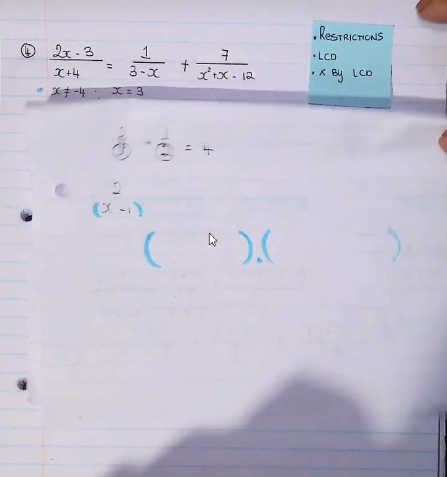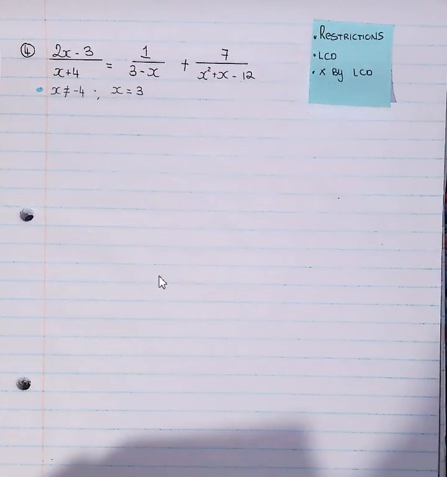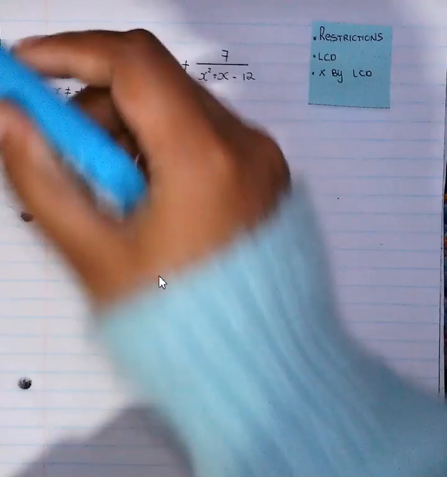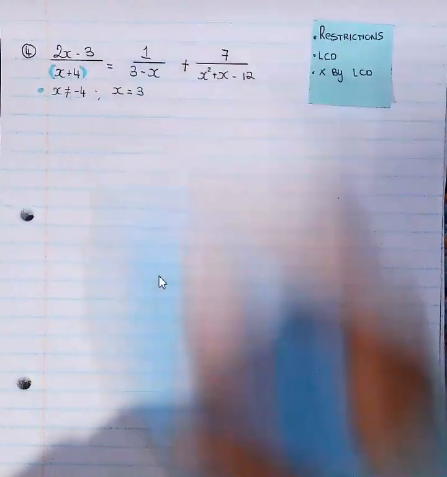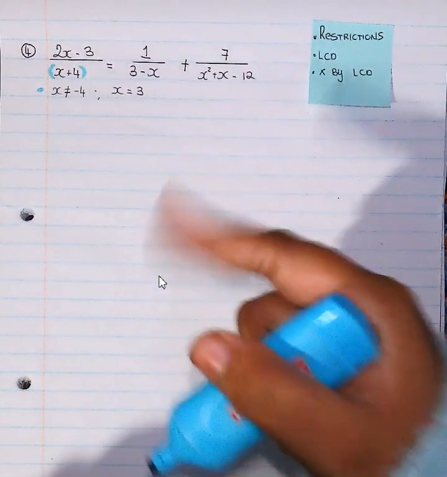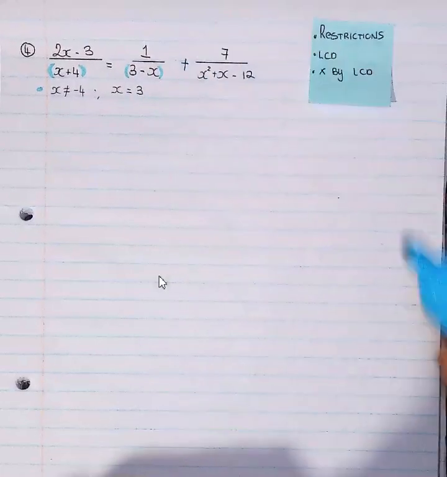Our first step here would be to factorize the denominators that need factorizing. In the first term, 2x minus 3 over x plus 4, we can't factorize that, so we will consider it as one term. Then we have 1 over 3 minus x, that cannot be factorized, so we consider it as one term.